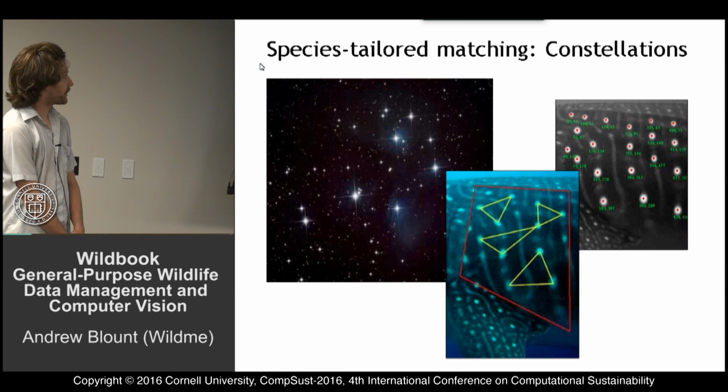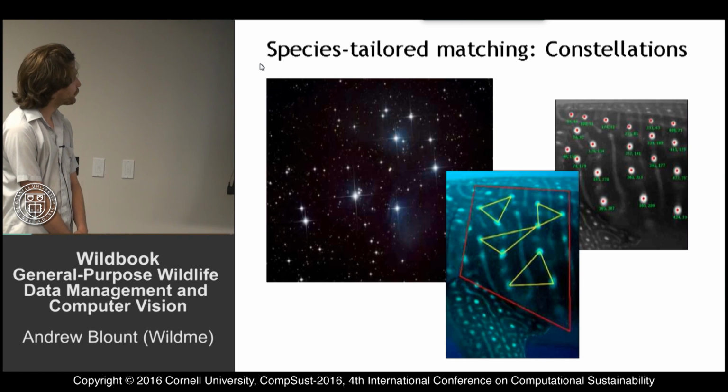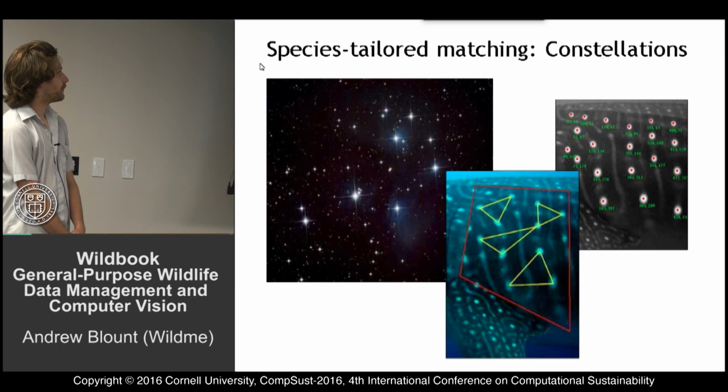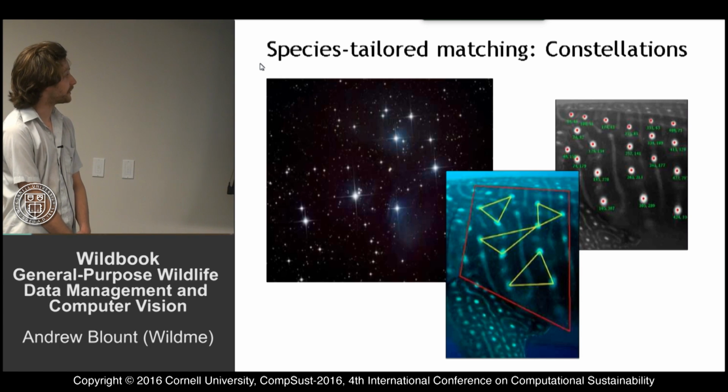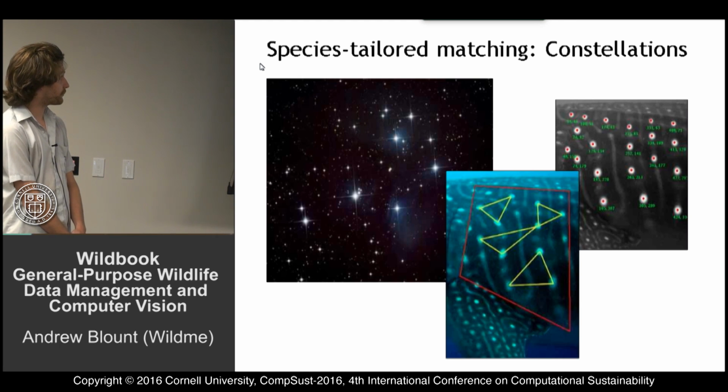This was back around 2005 or so, 2003 maybe, before deep learning was a big thing, and we had pretty custom-built identifiers that used a lot of human domain knowledge for the identification task at hand. Here we used an algorithm that was developed at NASA for identifying constellations in photographs, because whale sharks have these really distinctive spots on their sides.